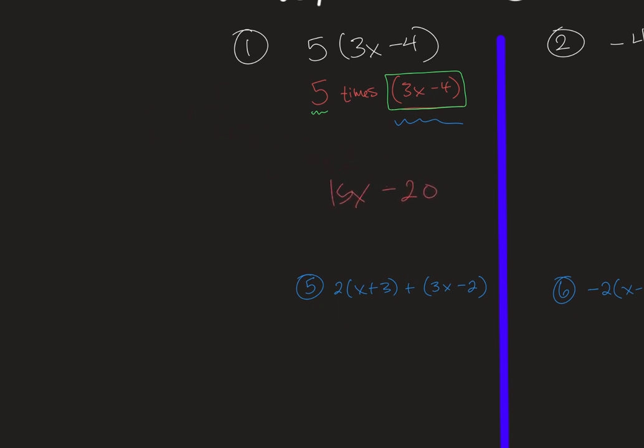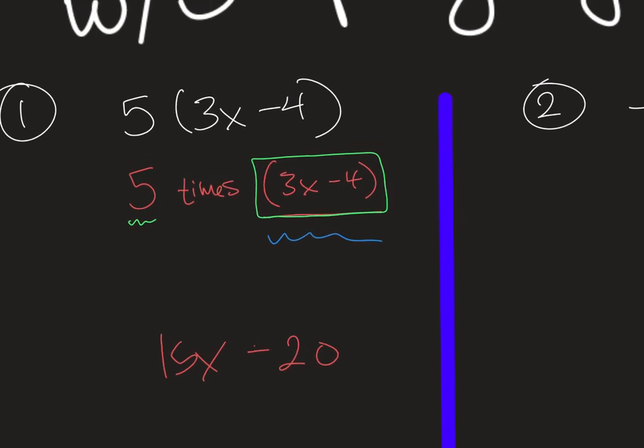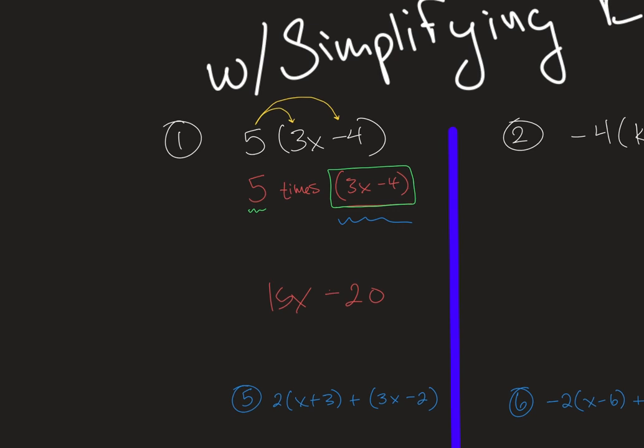So really, here's what you end up doing, is you just distribute. What's going on is I'm saying that this 5 is multiplying everything inside of this group. Just like I was saying, that's why we have 5 times 3x is 15x, and 5 times negative 4 is negative 20. That's the distributive property.